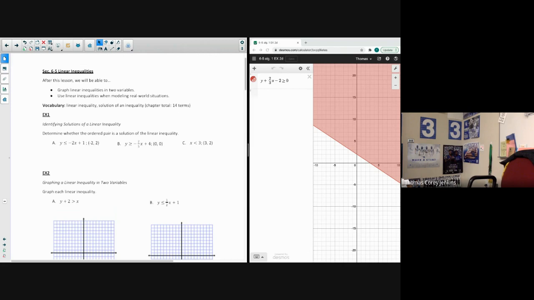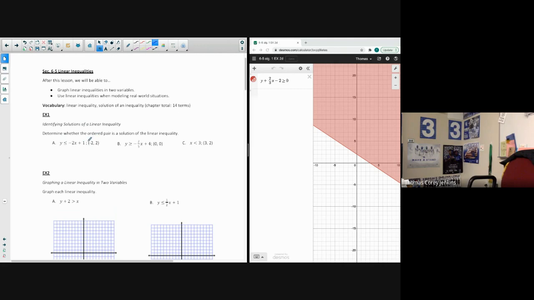What you want to do here is substitute and check. What are they really asking here? Determine whether the ordered pair is a solution of the linear inequality. In other words, is negative 2 comma 2 a solution of y is less than or equal to negative 2x plus 1?